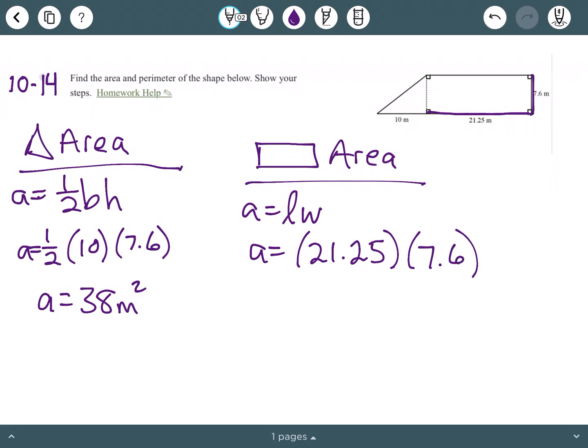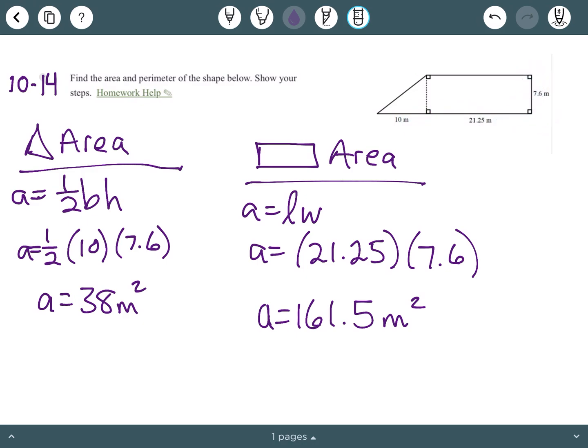We'll put that into the calculator. 21.25 times 7.6 is going to give us an area of 161.5 meters squared for the rectangle.